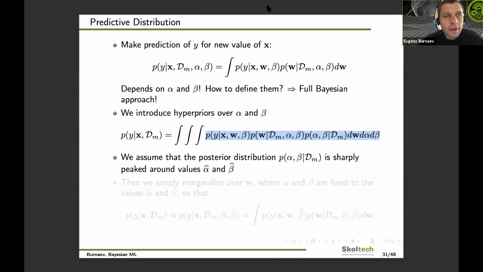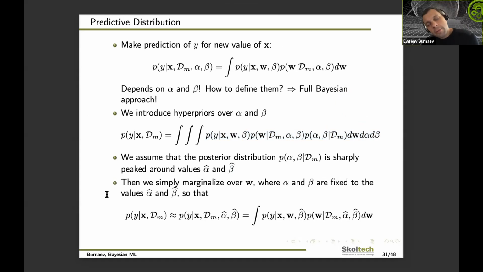We assume that the posterior distribution here is sharply peaked. So if this is the value of the parameter alpha, we assume that we have enough data, so this posterior distribution is sharply peaked around some specific value alpha hat, right? And the same happens with the parameter beta.